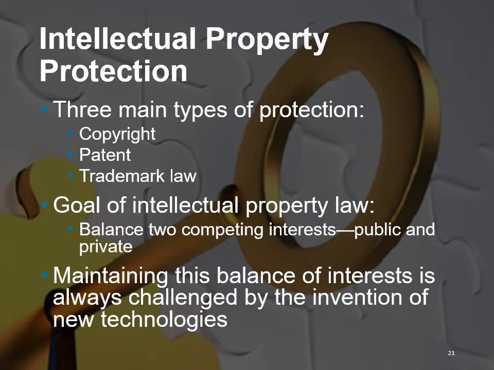Maintaining this balance of interest is always challenged by the invention of new technology. When you talk about property, it can evolve and change from time to time because new technology is coming. As compared to before, Edison invented the bulb, and at the time there was no new technology so far.